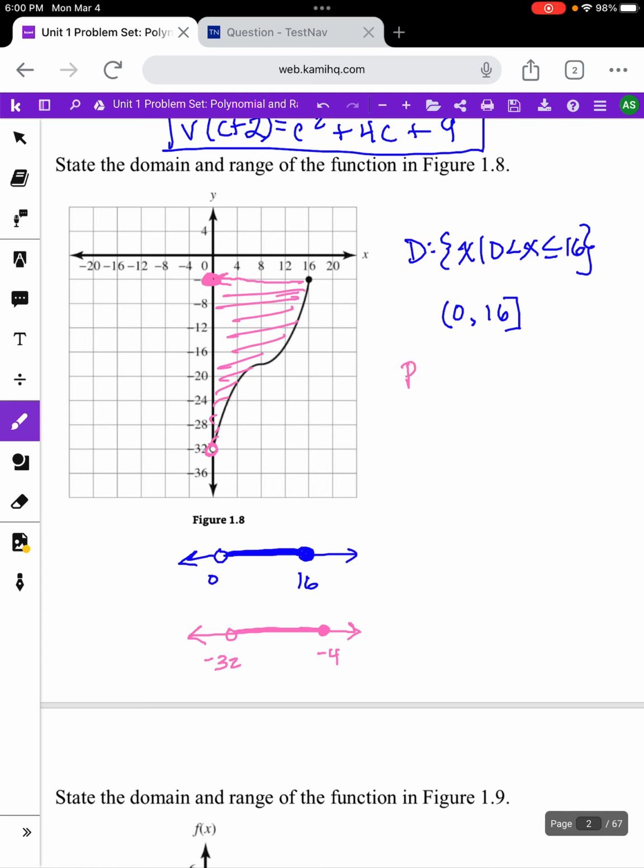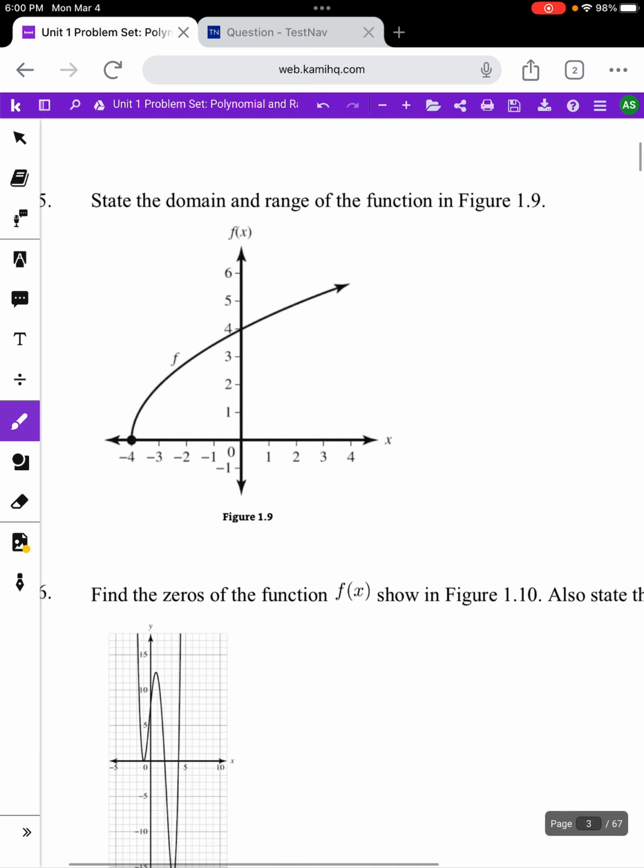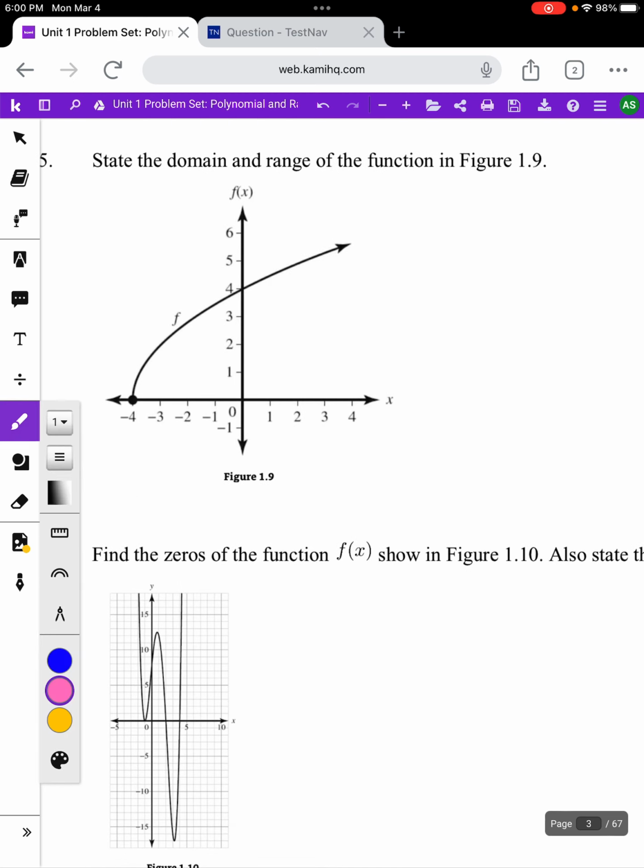So our range is y such that negative 32 is less than, because it's an open circle, y, which is less than or equal to negative 4. Another way I could write it is parenthesis, negative 32, comma, negative 4, bracket, because I'm including negative 4.